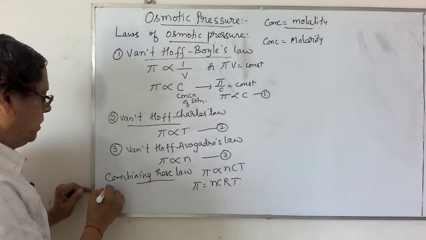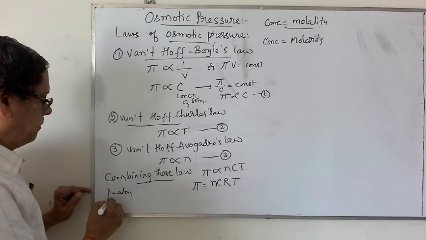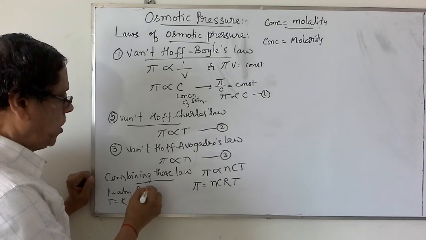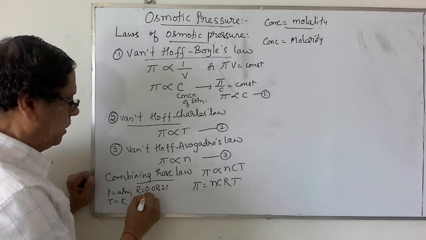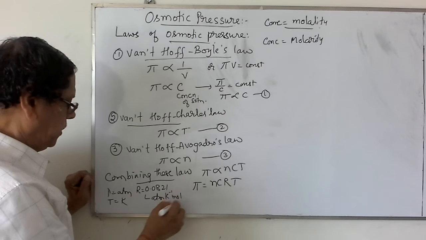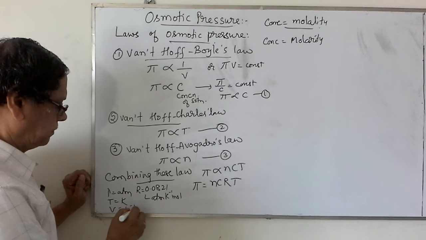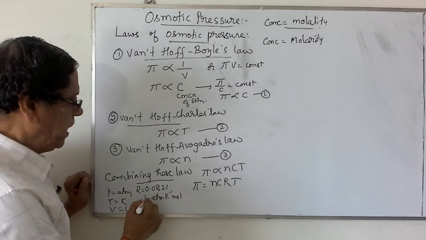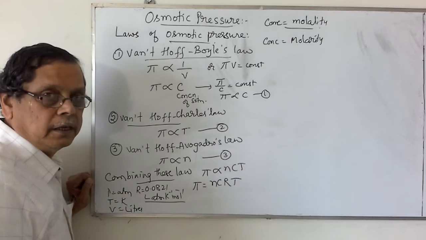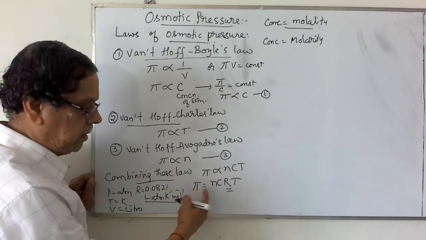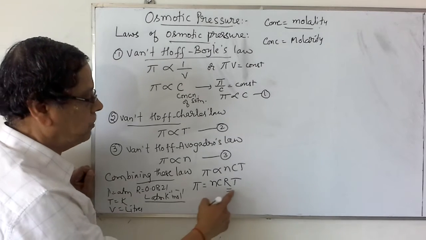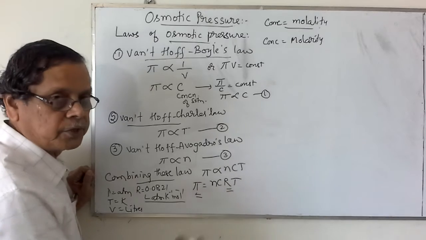If the pressure is in atmosphere and temperature is in Kelvin, then we have this R value as 0.0821 liter atmosphere per Kelvin per mole, if volume is in terms of liters. This R value for the solution also is found to be almost the same value. So by using this, we can calculate the osmotic pressure of the solution.